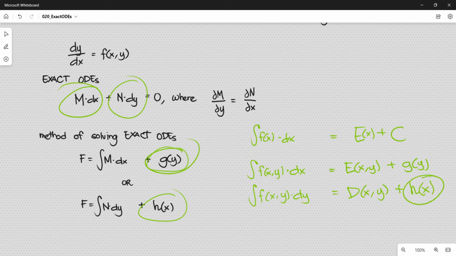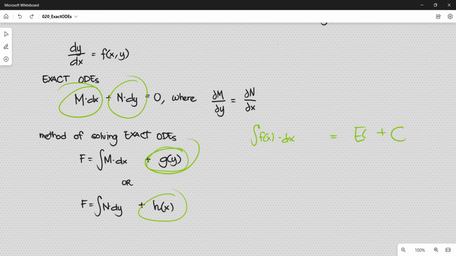So ito yung parang katumbas ng plus c dito, since hinohold natin yung x as constant dito sa pag-integrate with respect to y. Okay? Ayan. So, kaya may plus g of y or plus h of x dyan sa equations natin.